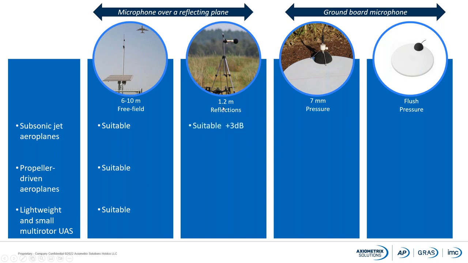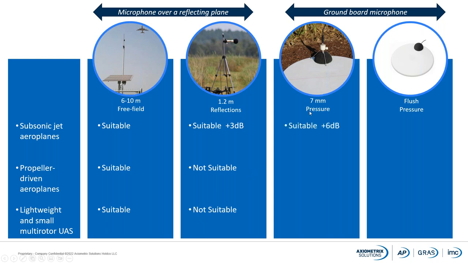If you take the 1.2 meter configuration, then it is suitable for subsonic jet airplanes with a plus 3 dB. It's not really suitable for propeller-driven airplanes because you have the tonal content, and it is not suitable for lightweight and small multi-rotor UAS because sometimes it is hovering and standing 100% still, and sometimes you have frequency content that is higher than 10 kilohertz, and so on.